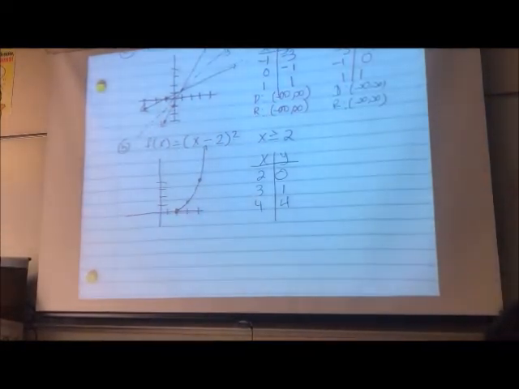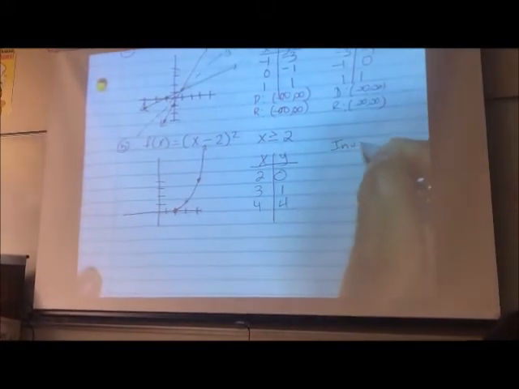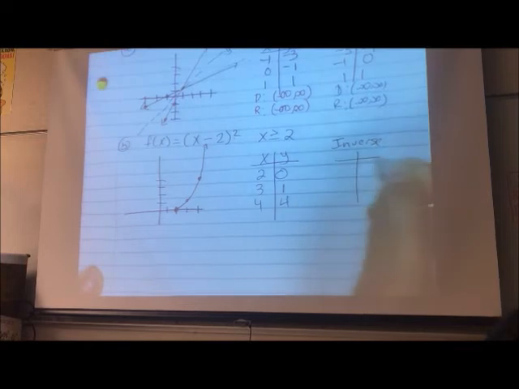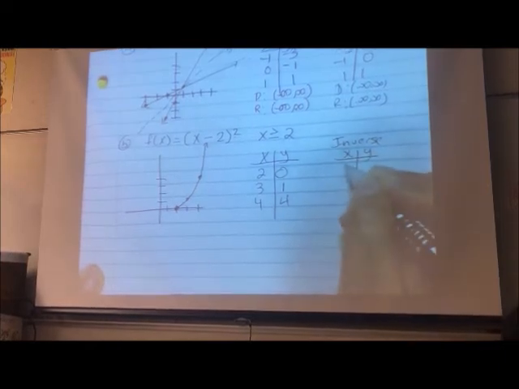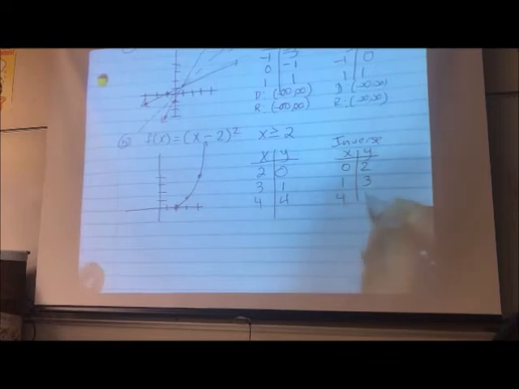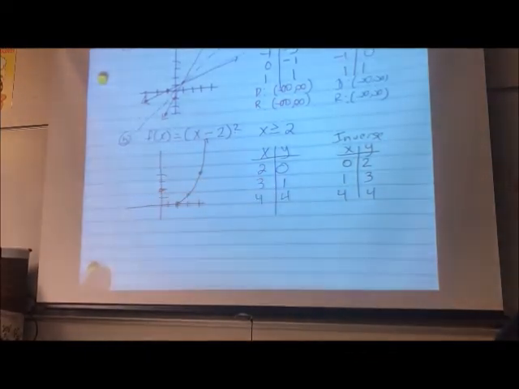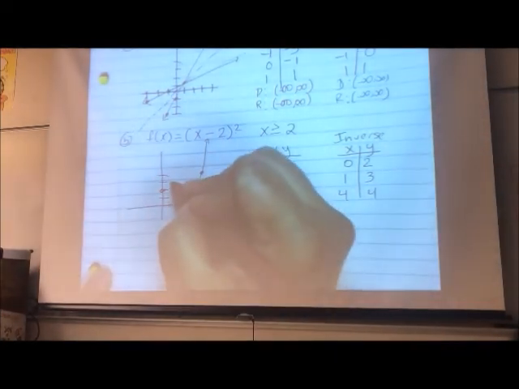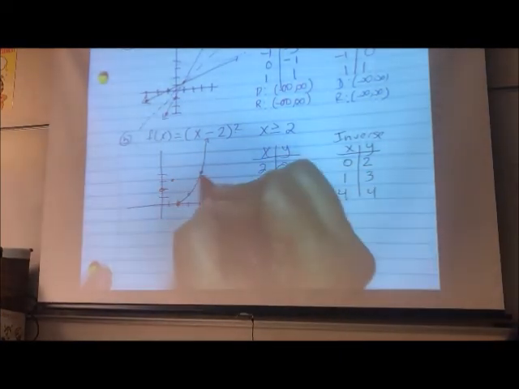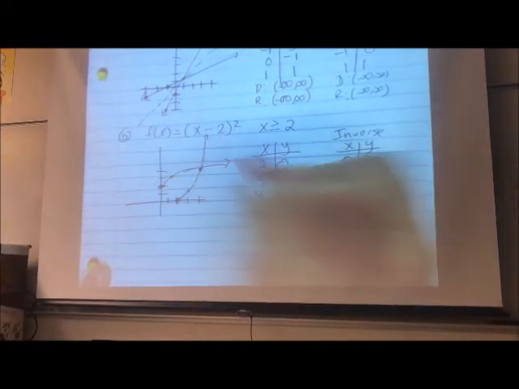But because I'm looking for the inverse on a graph, my inverse table now is going to be what? 0, 2, 1, 3, and 4, 4. So 0, 2, right there. 1, 3, right there. And 4, 4, right there. It's going to look something like this.